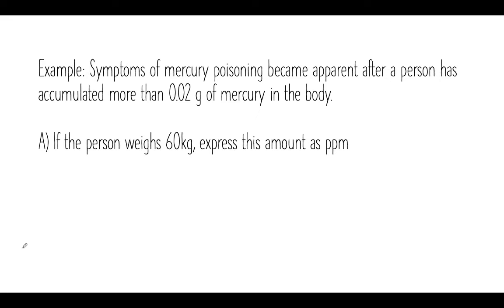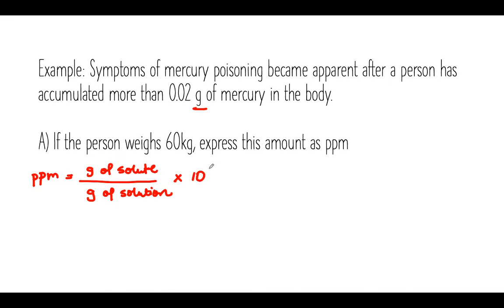So the question says if the person weighs 60 kilograms, express this amount as ppm. My general formula is ppm equals grams of solute over grams of solution, times 10 to the power of 6. I'm using grams this time just because that's what's given in my question. If you were to use a different unit, you just have to make sure both the solute and the solution have the same unit of mass.